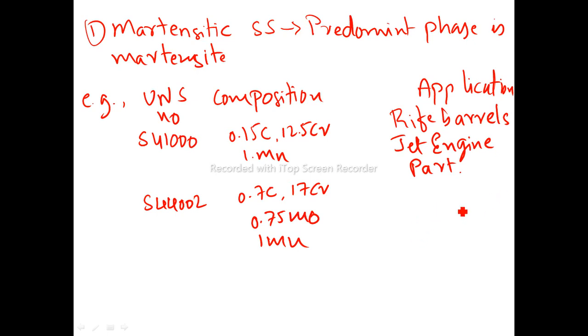So due to which it is commonly used in surgical tools. As we know, surgical tools should be more corrosion resistant. They are exposed to different kinds of liquids such as blood and water, and they are dipped in water for a longer duration of time.